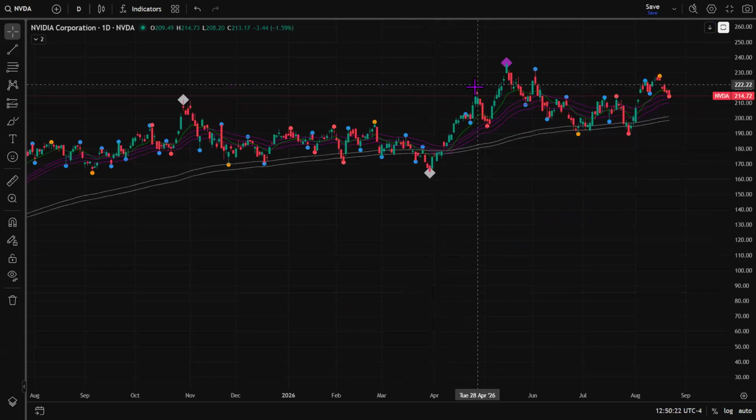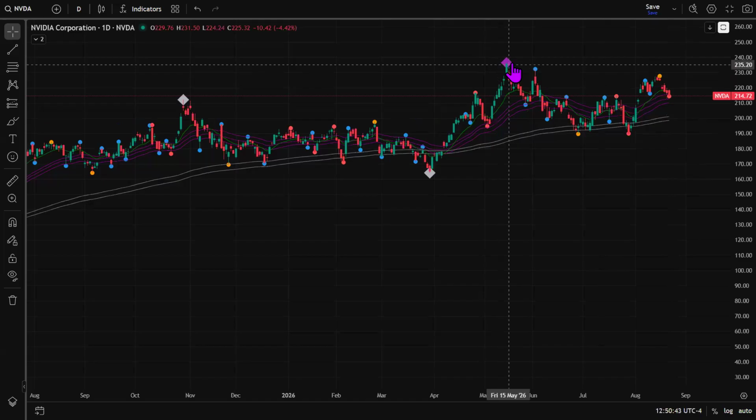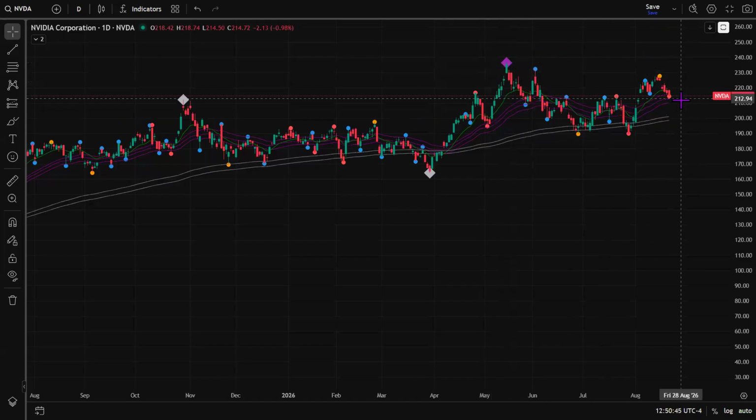And then we went above, we made new highs. So this turned into a gray from a purple. And now we're consolidating. So once again, the earnings announcement, this is the daily, will take us either above these highs, or we come back down and retest these levels.